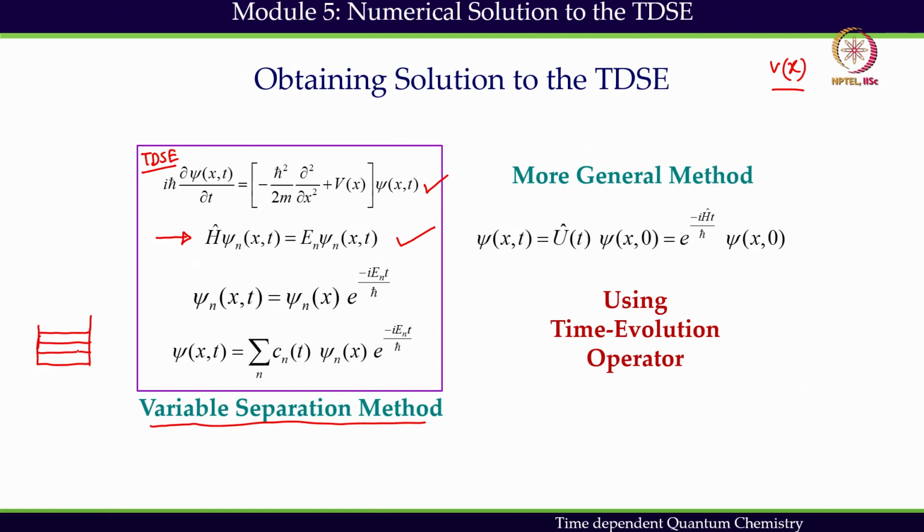Similarly, for any quantum system, its time independent Schrodinger equation will give you a set of solutions, and here n denotes the nth eigenstate.